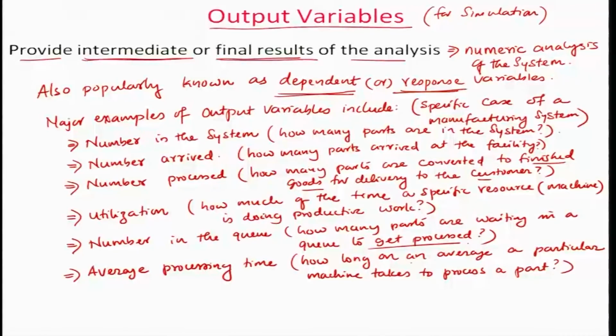Here it is an average, or what we call an estimate. They are all estimates in that regard, right. So, how long does a particular machine take to process a particular part on average? That is what we call the average processing time.